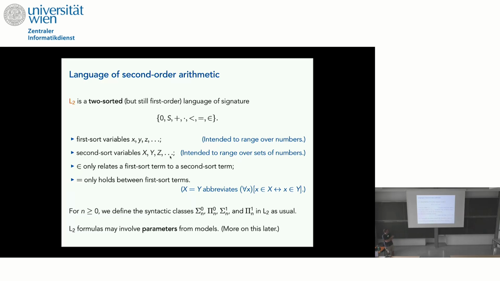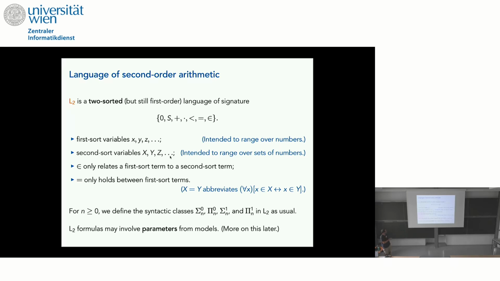The epsilon relation can only relate first sort and second sort terms, and equality can only relate first sort terms. So equality in particular is not taken to be a primitive between sets, or set variables. In particular, x equals y for sets means what it should mean.